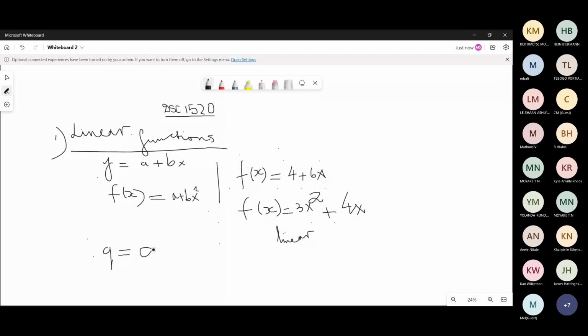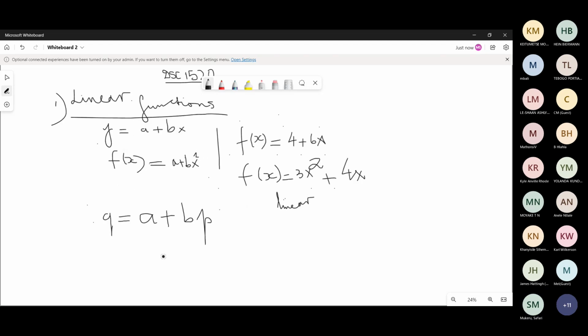Q equals A plus B times P, remember? Here P is of first order, P power 1.